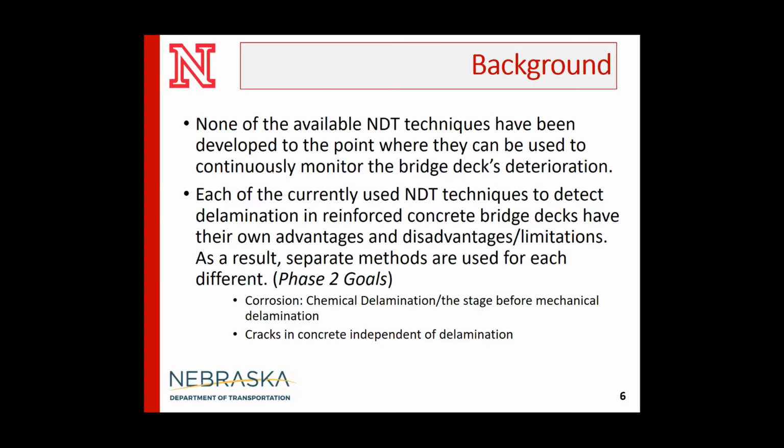So a lot of times the solution is combining methods, but that means either a really complicated system or separate setups for each. And after we dug into phase 1, we saw potential that this method can eventually detect different types of flaws with the same setup.